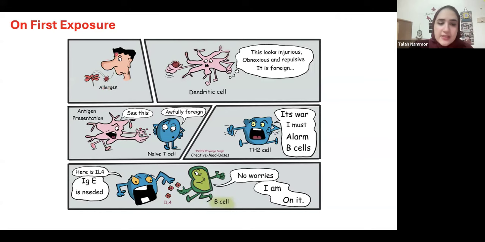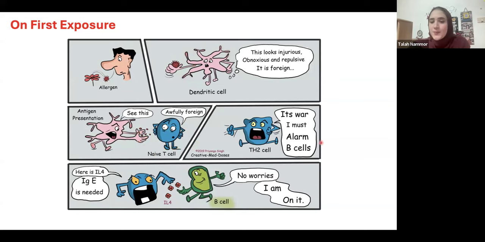So what happens is you see this poor guy out there smelling the flowers, and then an allergen goes up to his nose. This allergen goes into the dendritic cell. The dendritic cell looks at the allergen and is like, it's foreign, it looks obnoxious, repulsive, I don't like it. So it runs to the naive T cell, and the naive T cell is like, oh my God, this is a foreign cell.